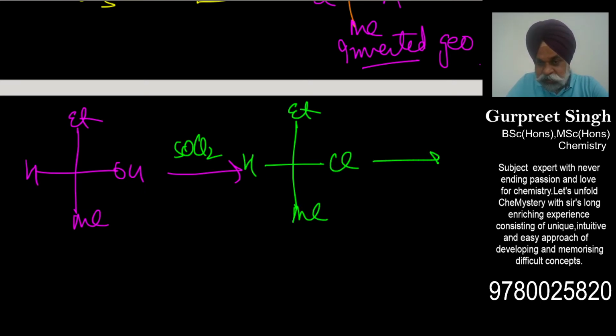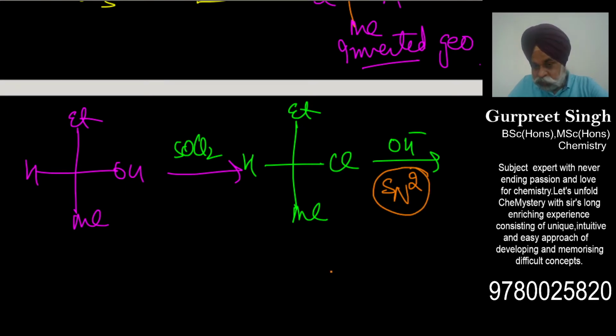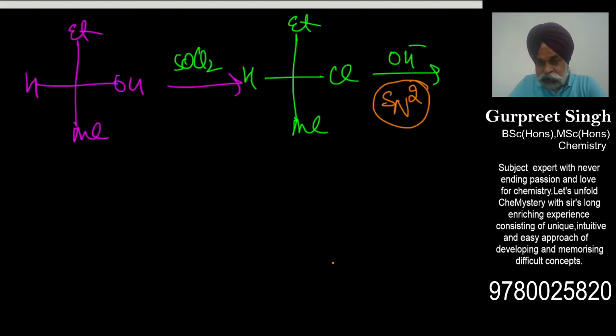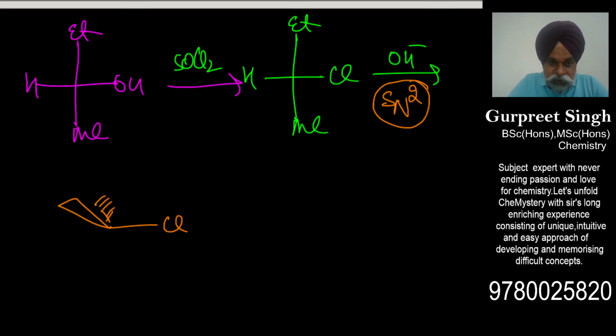And the last part is OH negative. Now this OH negative has to happen through SN2, nucleophilic substitution of second order, where there is total inversion of configuration. I would write it like this: if you have a compound somewhat like this, this is the leaving group which you are going to throw out, and this is the tetrahedral you have with you.